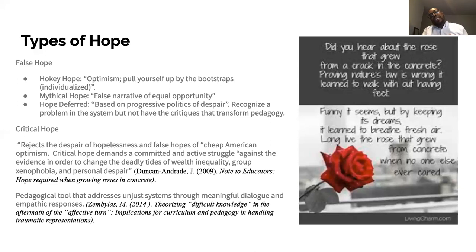Write a letter to their politician, and this can be in any class, right? And that deals with issues that are relevant to the students' lives. What ways can they be actors in changing their future? And this is the kind of hope that we are talking about, that critical engagement in the questions of the world.